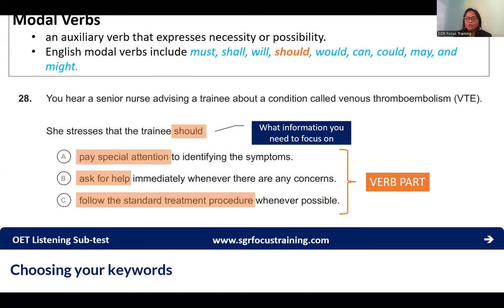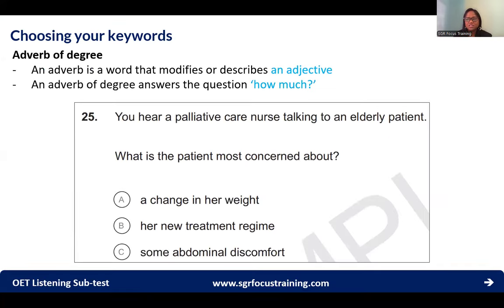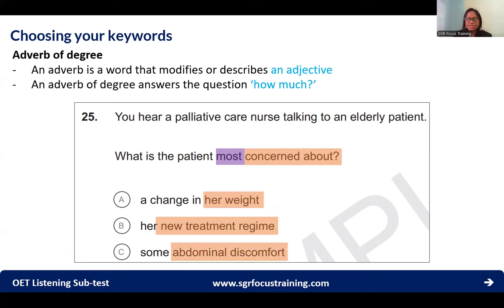Another good grammar to understand are adverbs of degree. Basically, it's a word that modifies or describes your adjective, but it also tells you by how much. So we're not just listening for something that the patient is concerned about. It's got to be the one that he is most concerned about, meaning the most important to him.